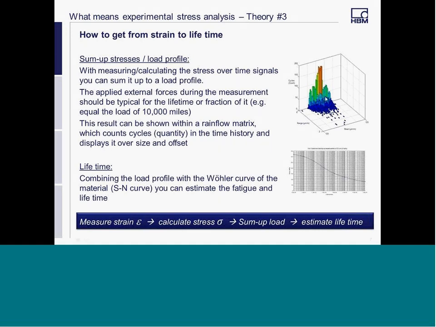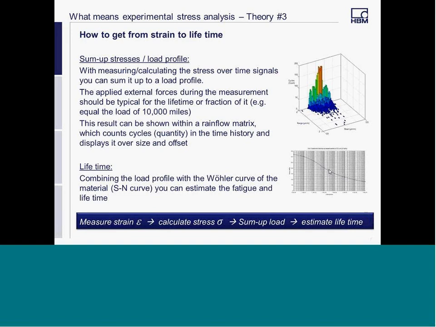Probably you can imagine that if you take that rainflow matrix into that Wöhler curve, you will get an estimation: will it withstand that load profile, yes or no, or how many times it will withstand this load profile. Let's say the load profile we have simulated means 10,000 miles, and we get out that it will withstand it 20 times.